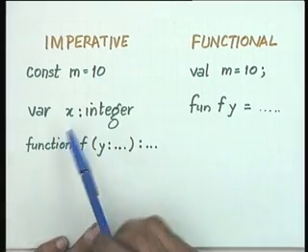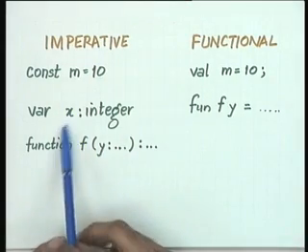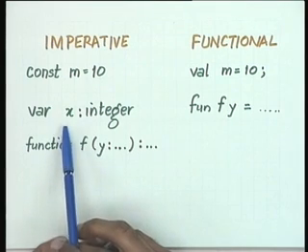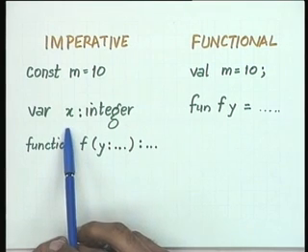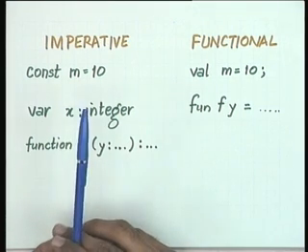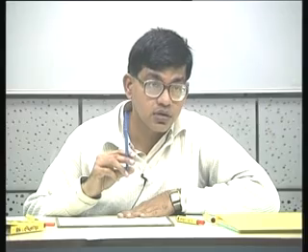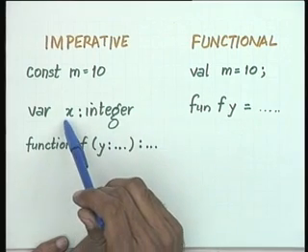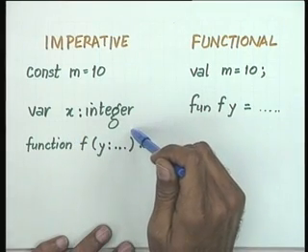In imperative languages further there are these variable declarations which actually denote locations, okay.